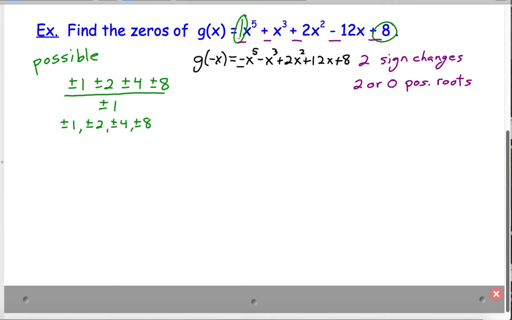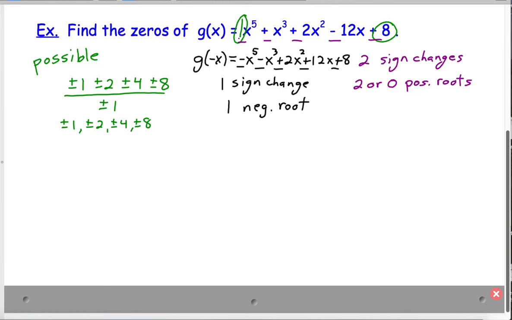Well, we've got a negative, negative, so there it switches to a positive, and then it never switches again. So we have one sign change, which tells us, for g of negative x, that there is one negative root. So we know we have at least one negative root. Actually, we know we have exactly one negative root.